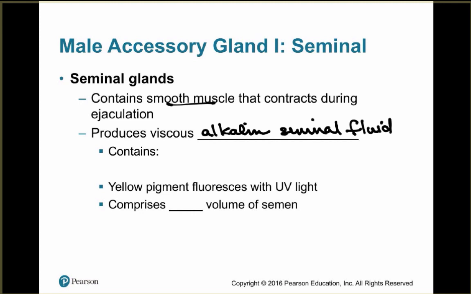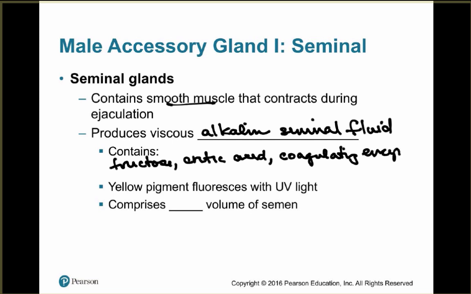Now that seminal fluid is going to contain fructose, citric acid, and coagulating enzymes. Perfect example of an enzyme that it has is vesiculase and prostaglandin.